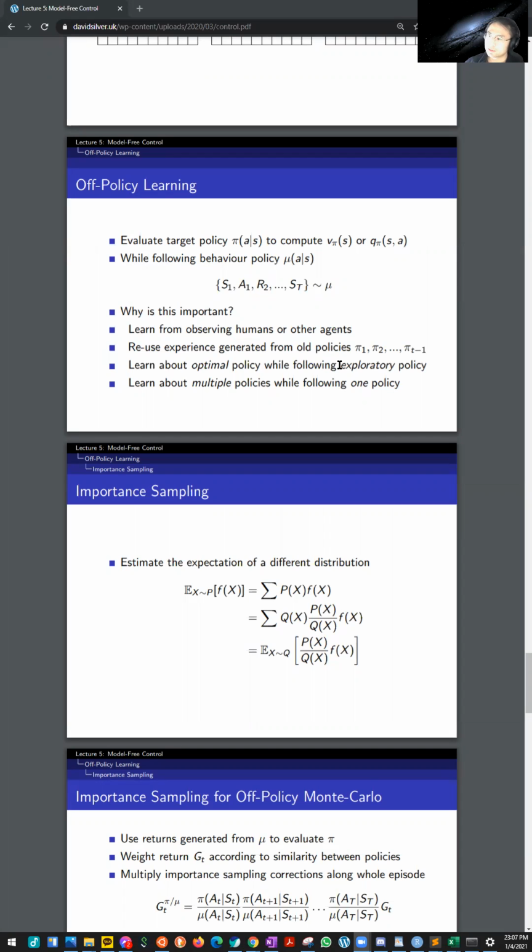Let's ask why doing this is important. What kind of advantage can you get from this? First of all, we know that the disadvantage of on-policy learning is that there's a danger of getting stuck in local minima, because we're generating experiences based on a single policy and then also trying to learn that single policy.